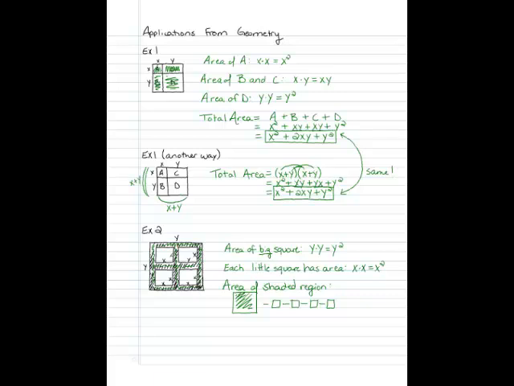That'll give us the shaded area. So the area of the big square, that was y squared minus, and each little square has area x squared. So minus x squared, minus x squared, minus x squared, minus x squared. Now combining like terms, we have y squared minus 4x squared.